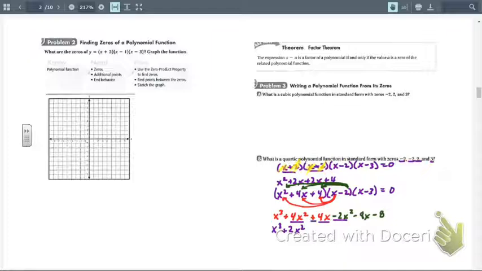A positive 4x and a negative 8x, so it's going to be a negative 4x minus 8. And then we have to multiply this by x minus 3, and we'll be done.